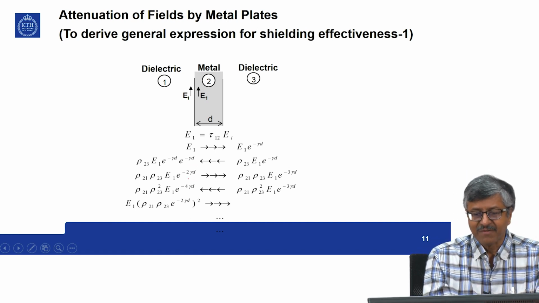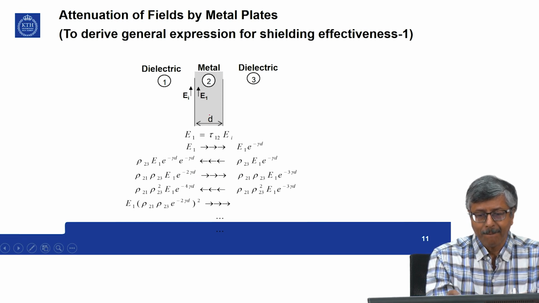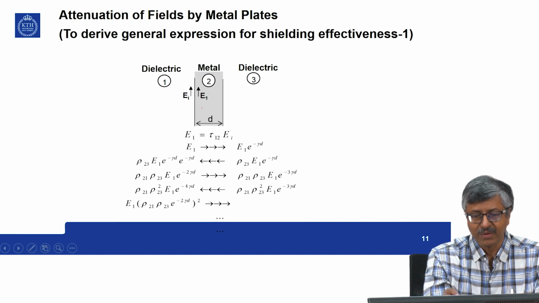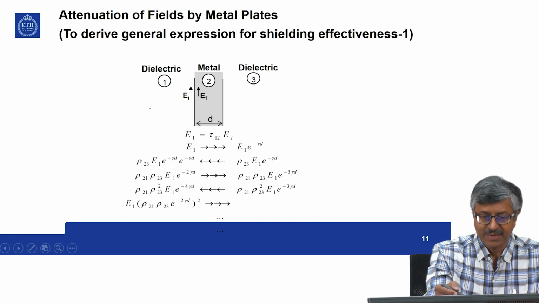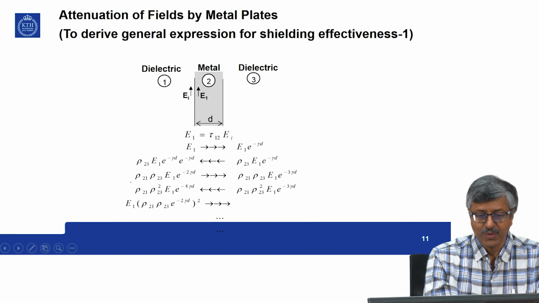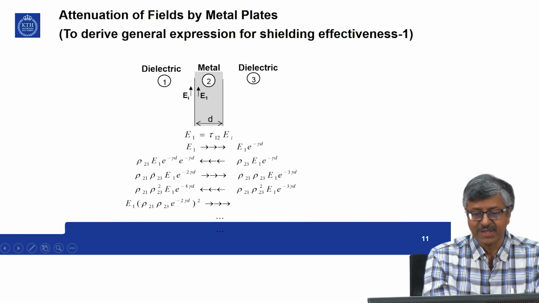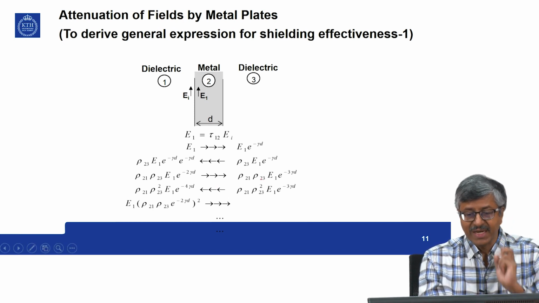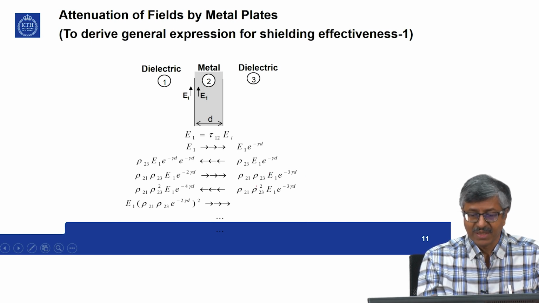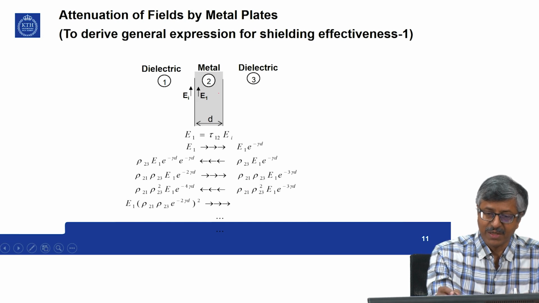Now, it is getting reflected from there. So, you have to add rho 21, the reflection coefficient, as the wave is coming from boundary 2 and getting reflected at boundary 1. So, rho 21 is multiplied with the wave going in this direction. When it comes over here, again it is multiplied by e to the power minus gamma d. Now, this is going back again, multiplied by rho 23.